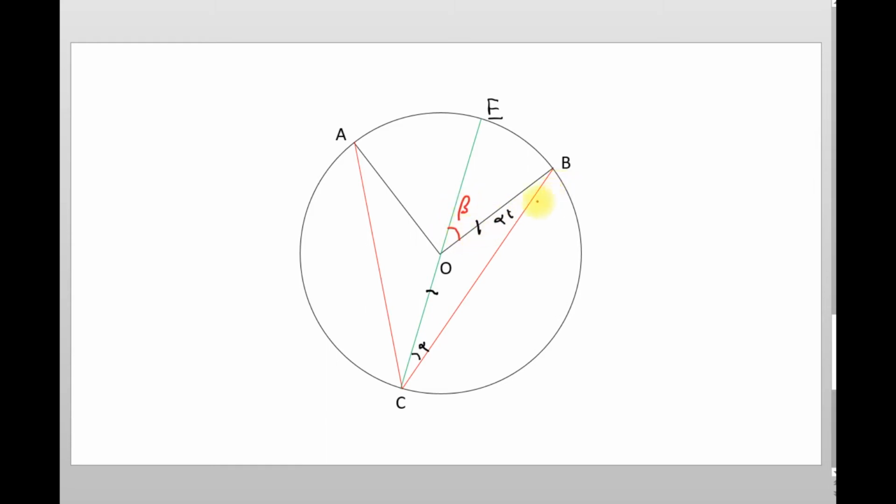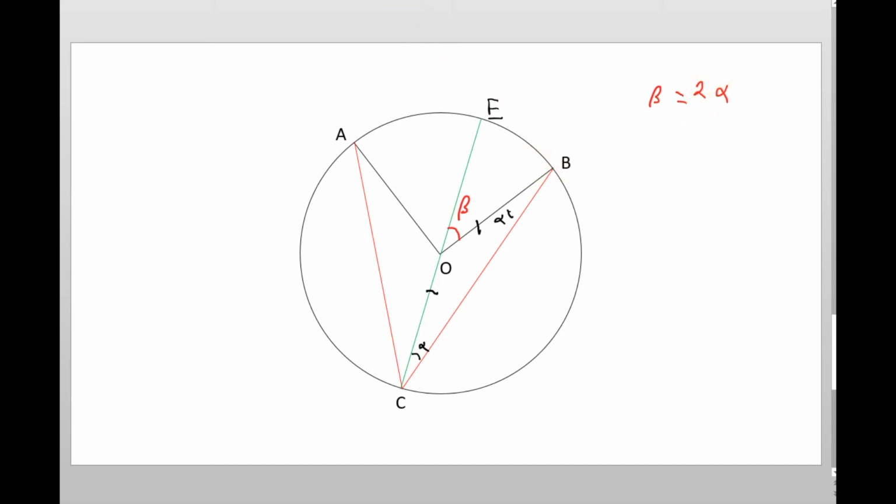Now, the angle here, which I will designate as beta, is an exterior angle to the triangle OBC, and we know that the exterior angle here, beta, is equal to the sum of the other two angles. So beta is equal to alpha plus alpha, which is equal to 2 alpha.